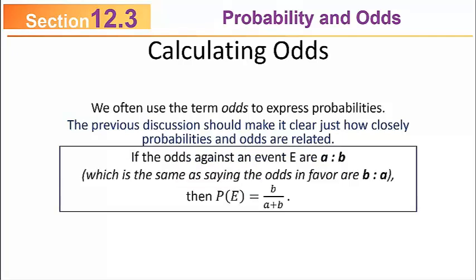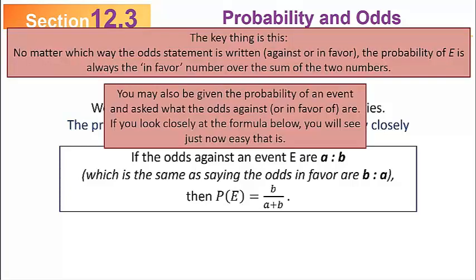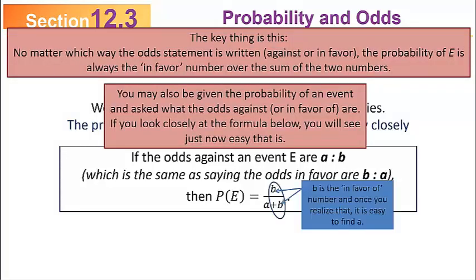And here's how it actually works. If the odds against an event E are A to B, which would be the same thing as saying the odds in favor are B to A, then you can change those odds to probabilities by taking the probability of E as B over A plus B, remembering that B is the number in favor of, and A is the other one.